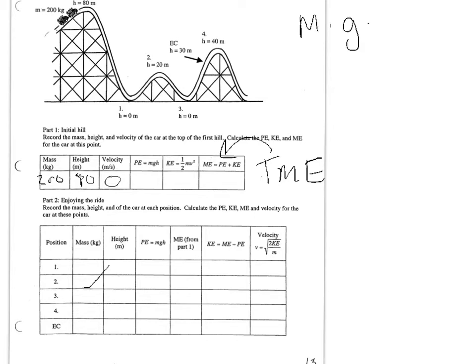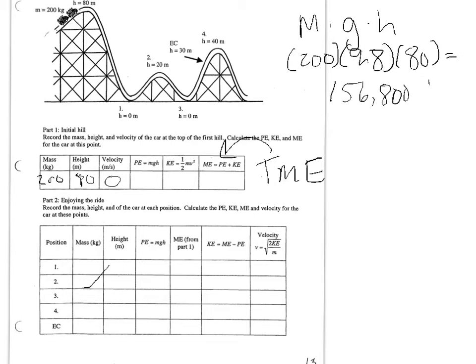So mass times gravity times height. So I'm going to take 200 times 9.8 times 80. And I get 156,800 joules.